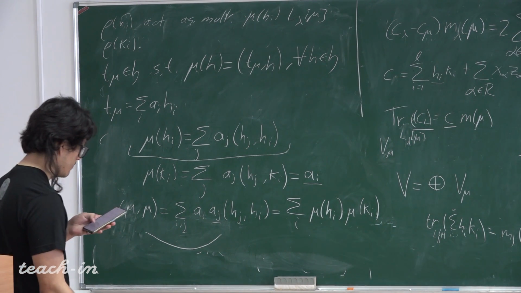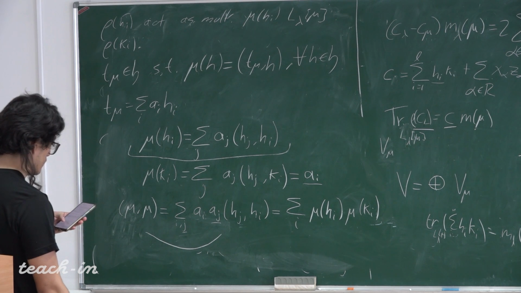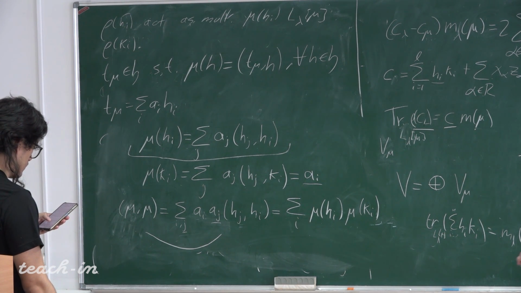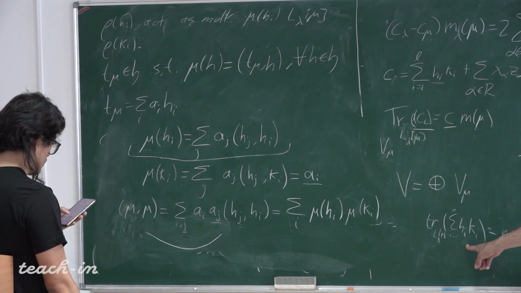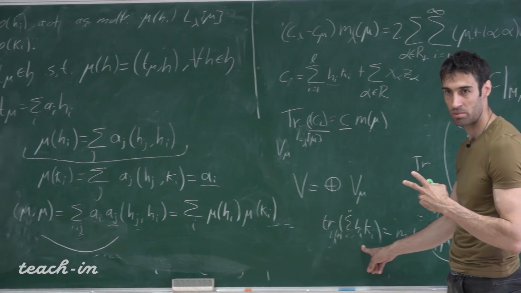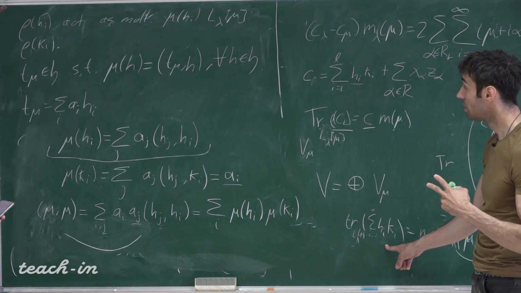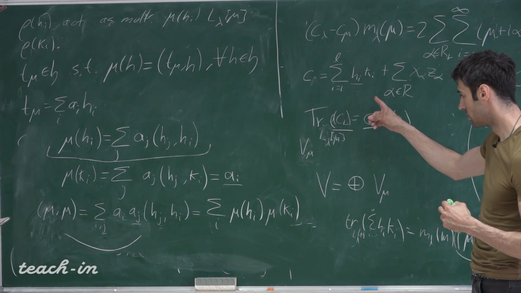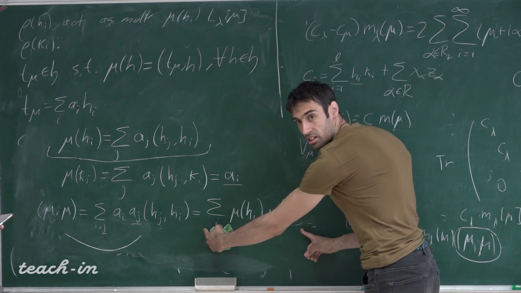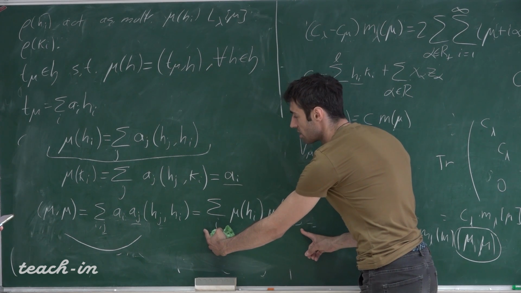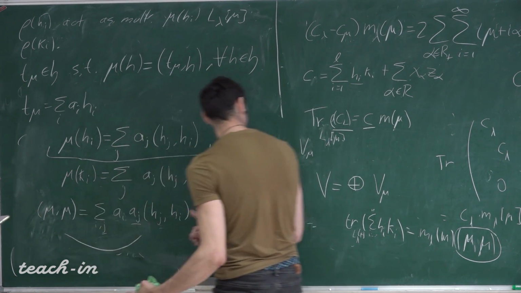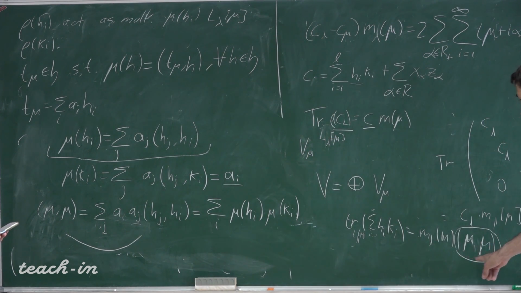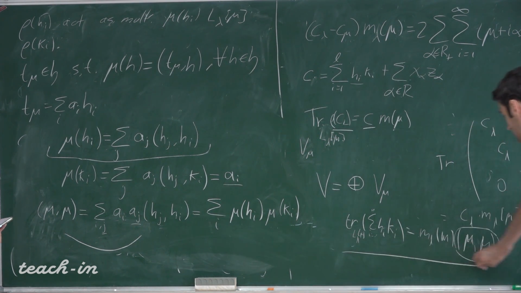Okay, so therefore, if I take this element and apply to any vector from L lambda mu, I will get this thing. Therefore, if I compute the trace, it is this thing, or mu mu, times the dimension. Okay. And so we got this.